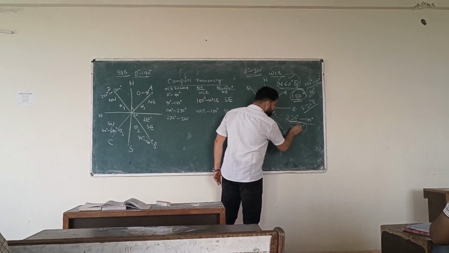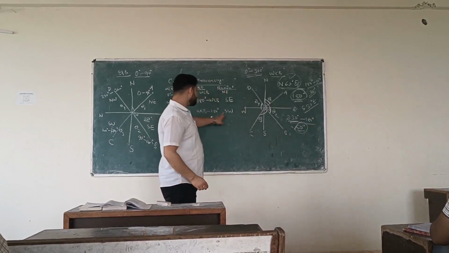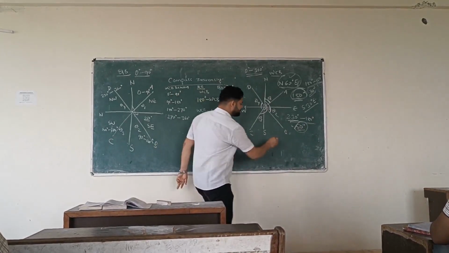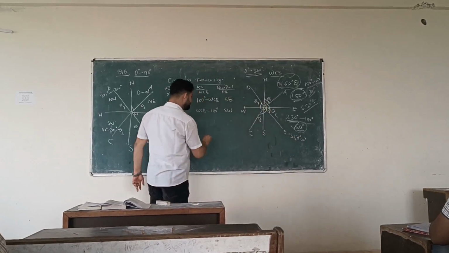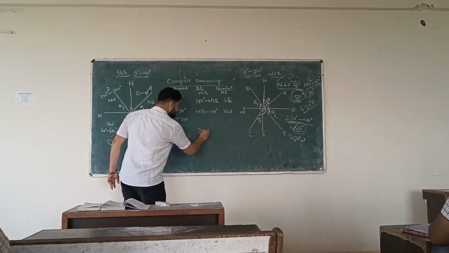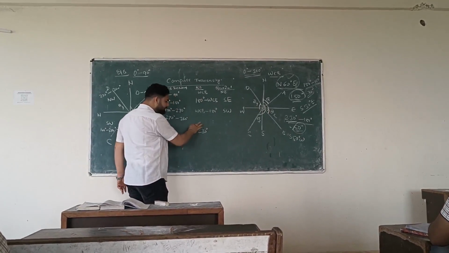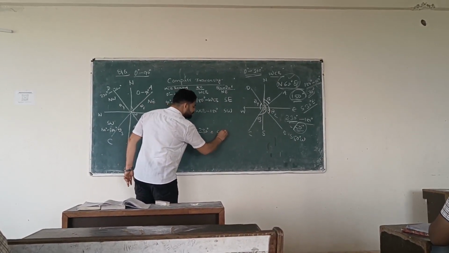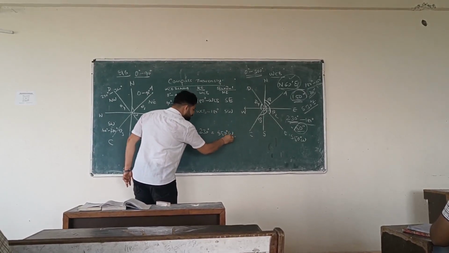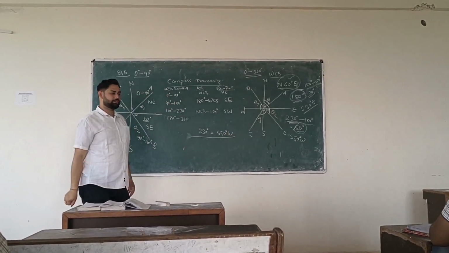So this 50 degree will be written as south 50 degree west. That means 230 degree WCB equals south 50 degree west. This is the conversion process.